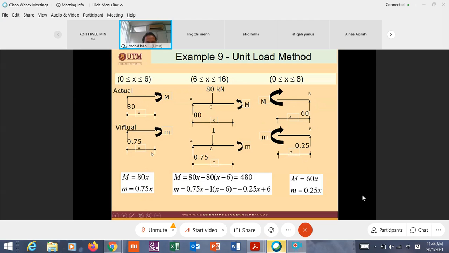And for the third segment, we start from the right. M equal to 60x and m, due to the unit load, equal to 0.25x.